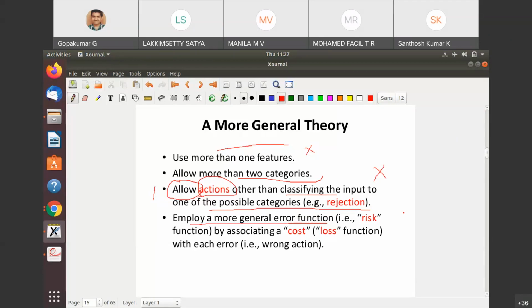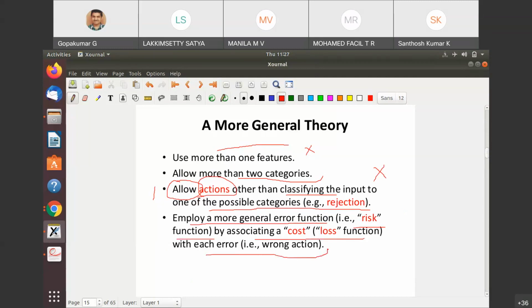In that way we can bring in priorities, or a penalty, or a cost, on the merit of the decision. So we can employ more general error functions, like a risk function that we will discuss, by associating a cost or a loss function with each error.